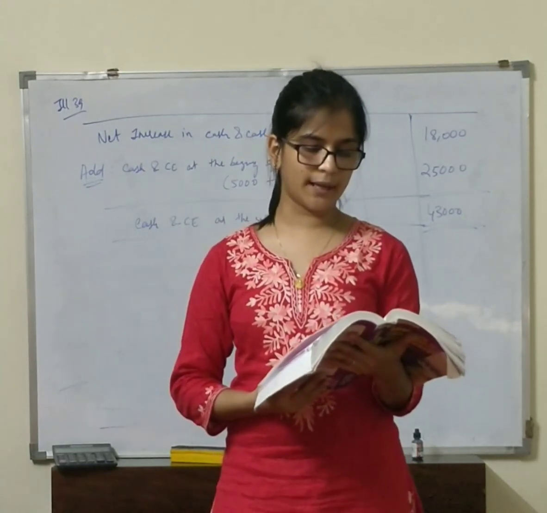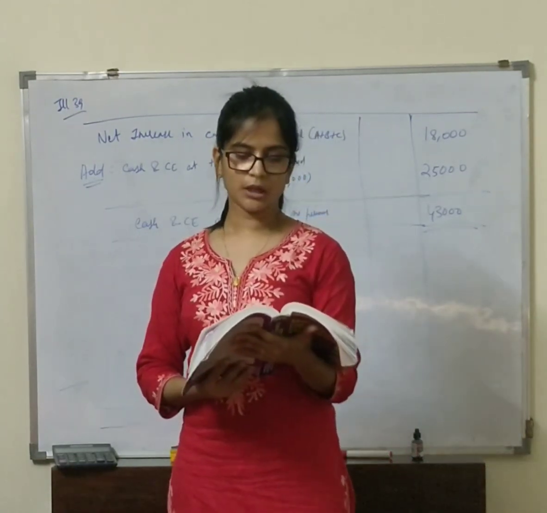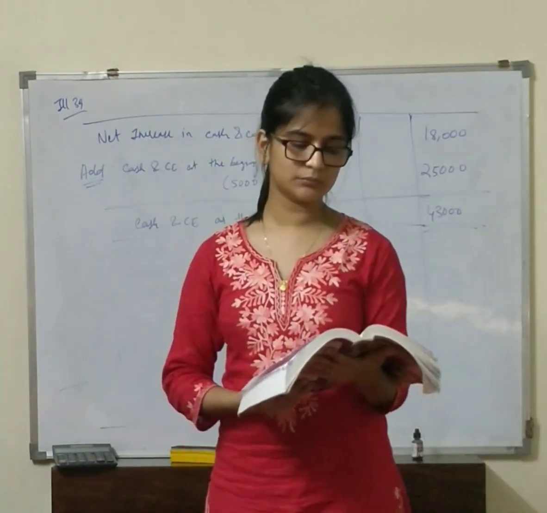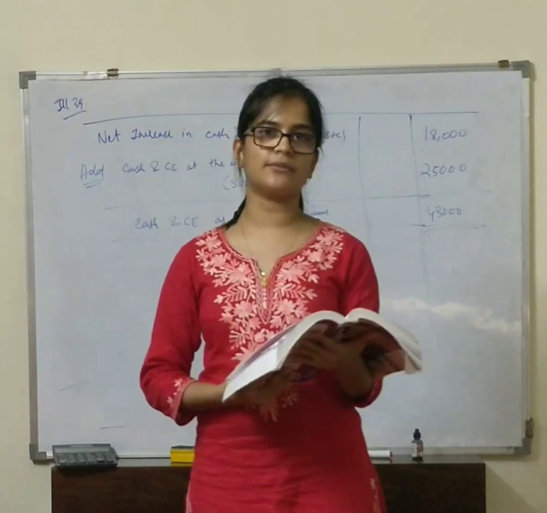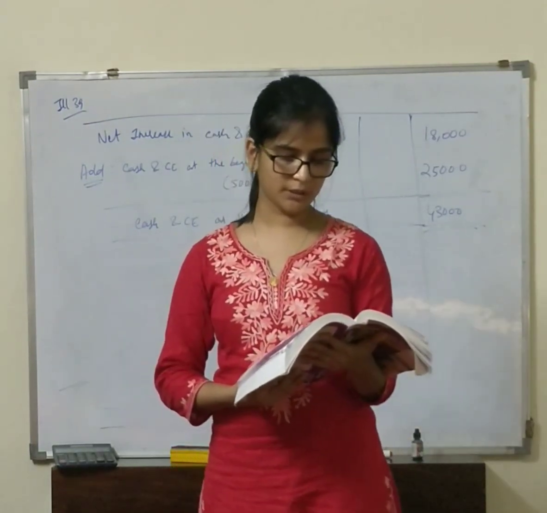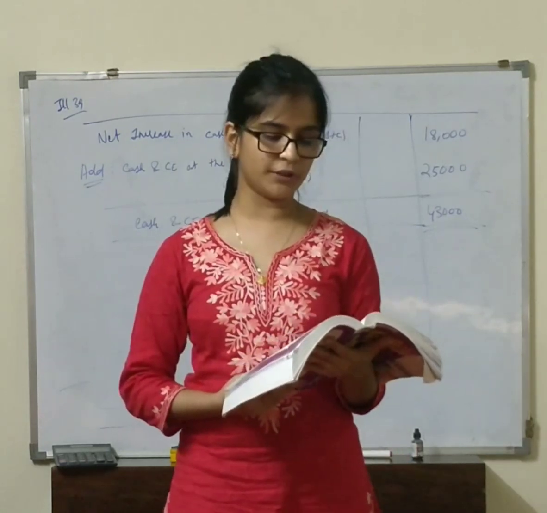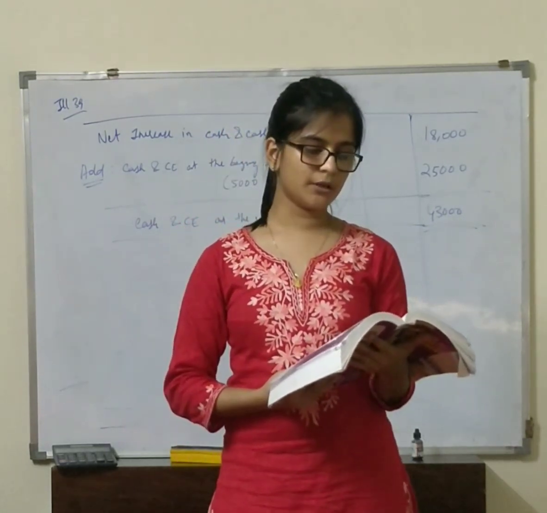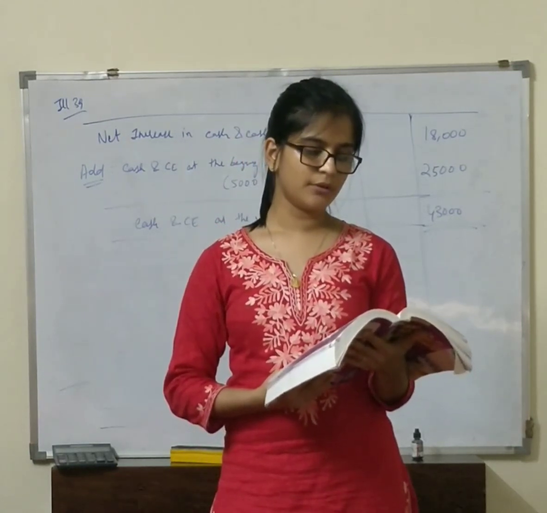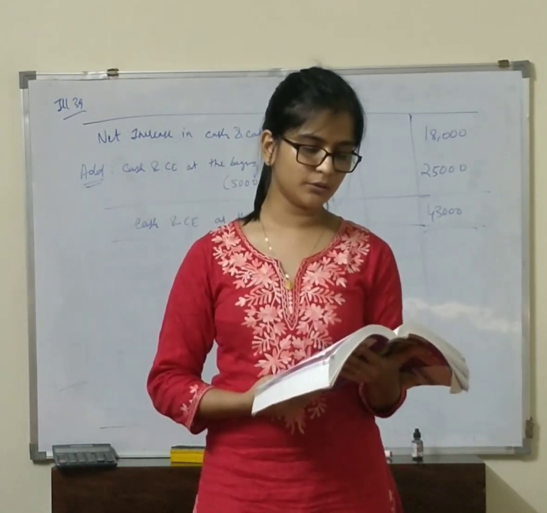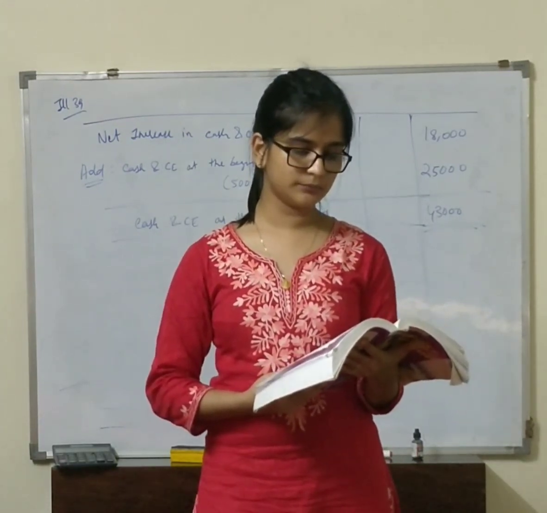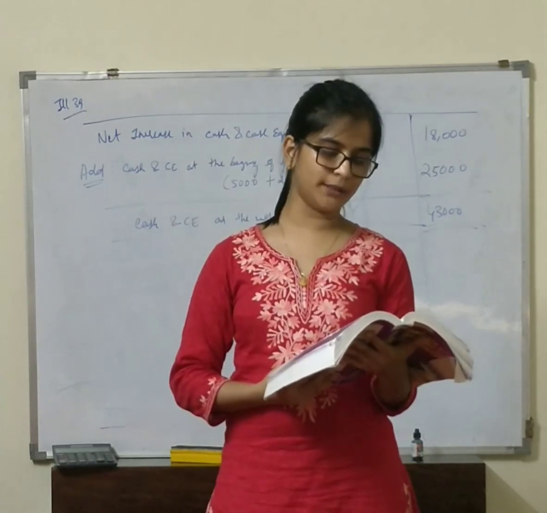It will be shown as a payment under the heading cash flow from financing activities. Next, under that B, proposed dividend appearing on the liability side of current year's balance sheet will be added back to profit under the heading cash flow from operating activities.